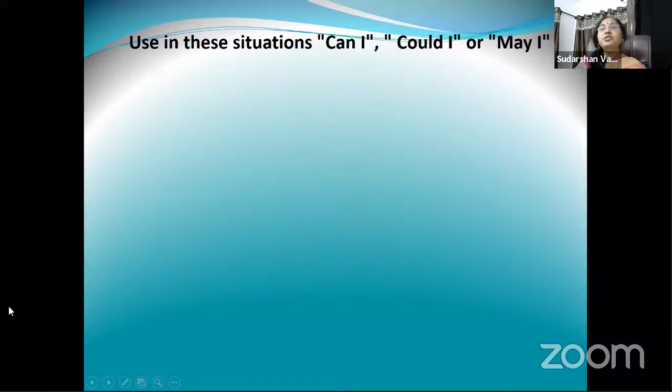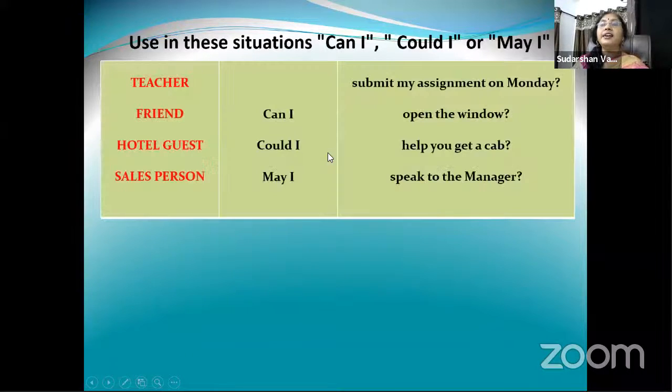Now, use these in these situations. Now it is open to you. When will you use can I, could I, or may I in the following situations? There are three columns. If the relationship between you is with the teacher, for example, you are talking to the teacher, which will you use: can I, could I, may I?